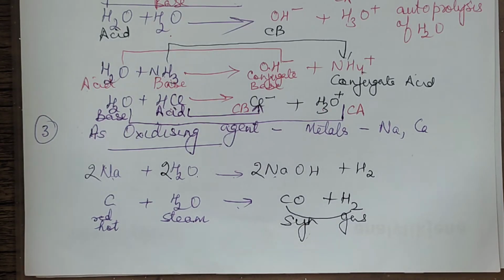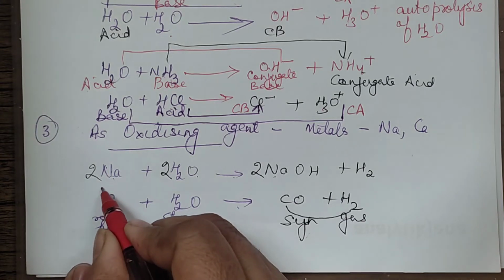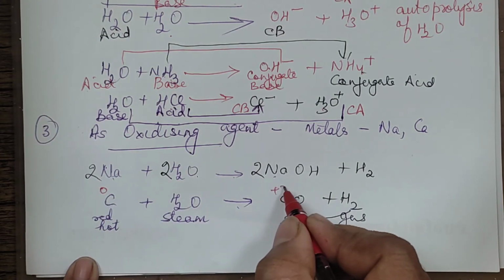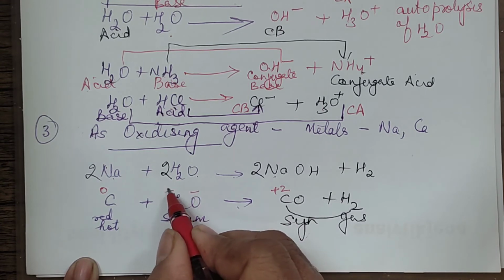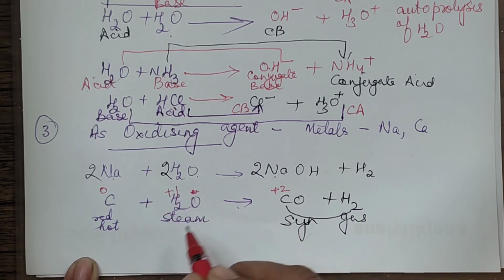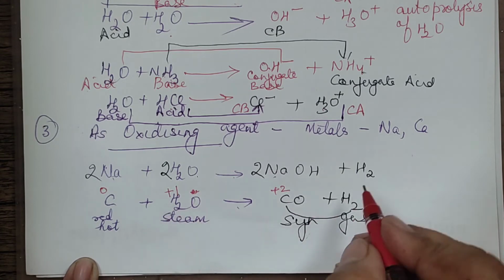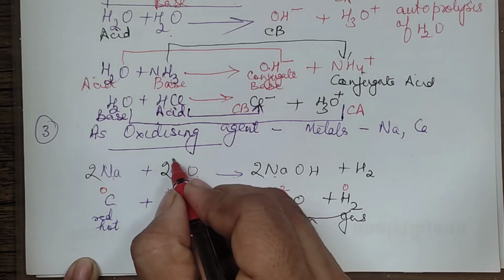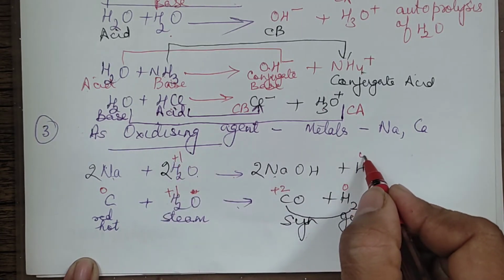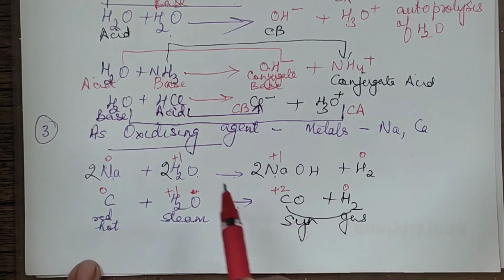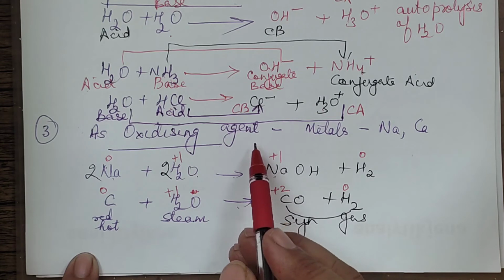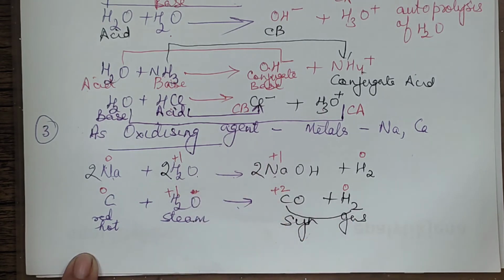You can check the oxidation states here. Carbon here is 0. Carbon here has become +2. Oxygen is not undergoing change. Hydrogen was +1, it has become 0. Same way, this was +1 and has become 0. So it is acting as an oxidizing agent, meaning itself is undergoing reduction.